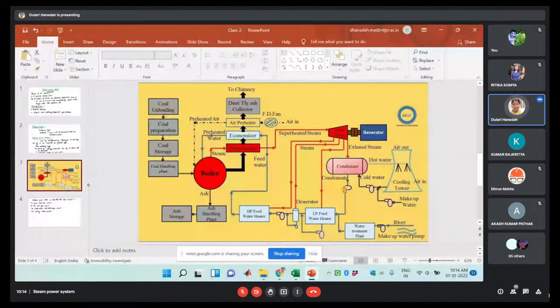So in the next class, or after the discussion of the thermodynamic cycle or working cycle, I will discuss these circuits in detail. Just to know the layout of a modern power plant, I have shown you this diagram.